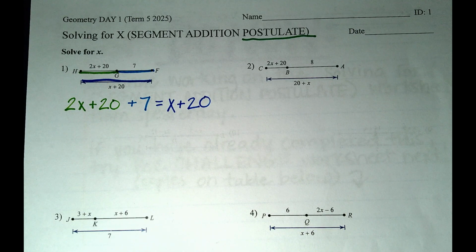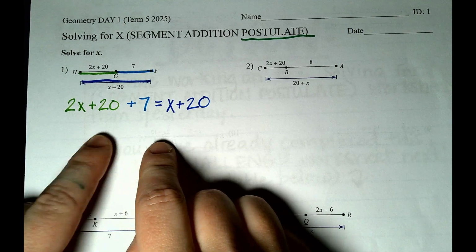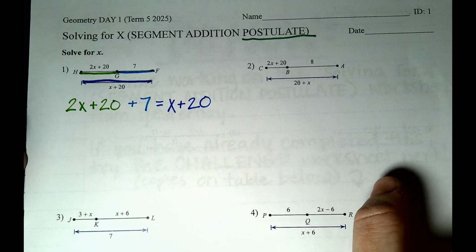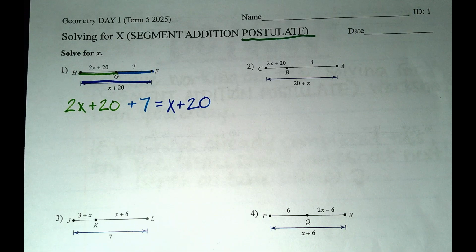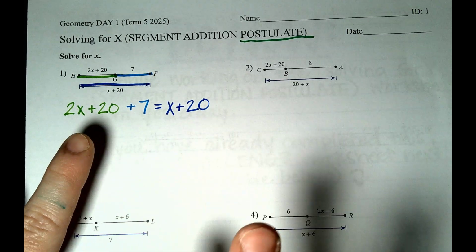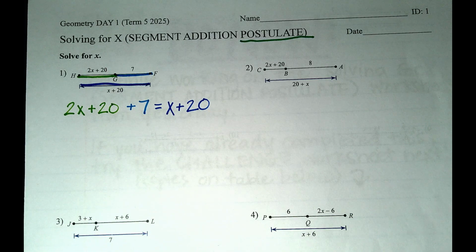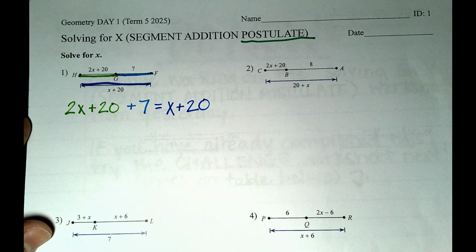What is the first thing we need to do once we have everything set, added together, equal to each other? Combine like terms. That's what I'm thinking of. Can anybody remind me, what does like terms even mean? They have the same variables. Absolutely. So in here, we're not looking at exponents, thankfully. We're just worried about numbers and variables. I have x's here, and then I have numbers without x.